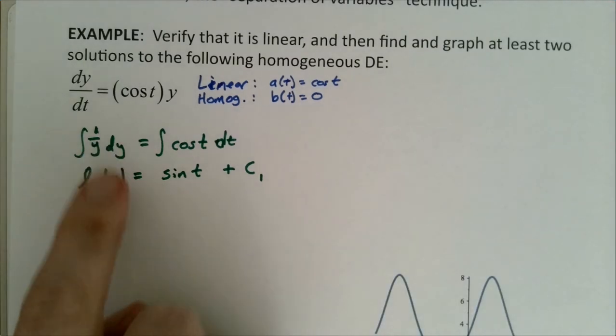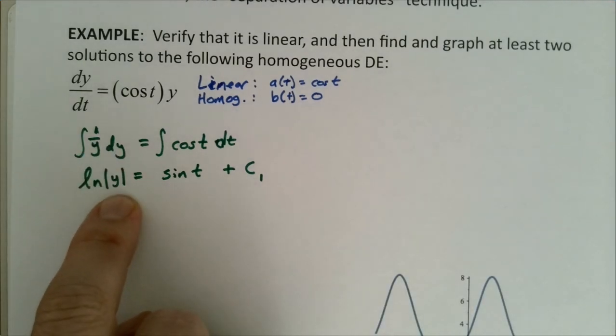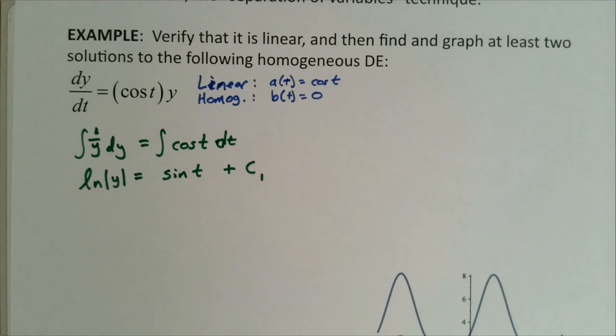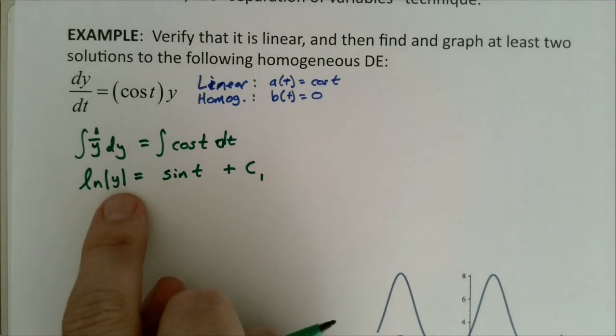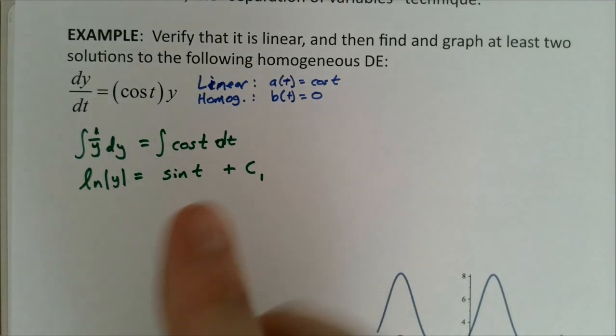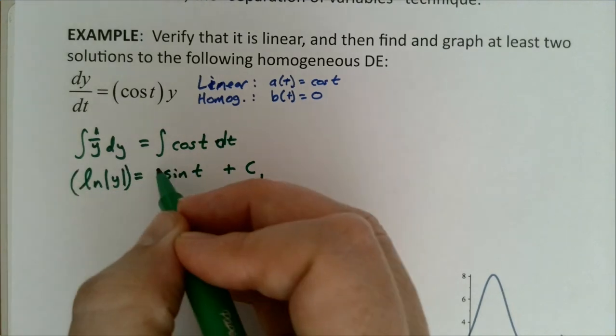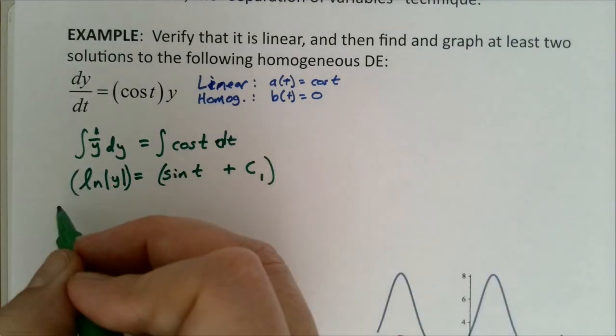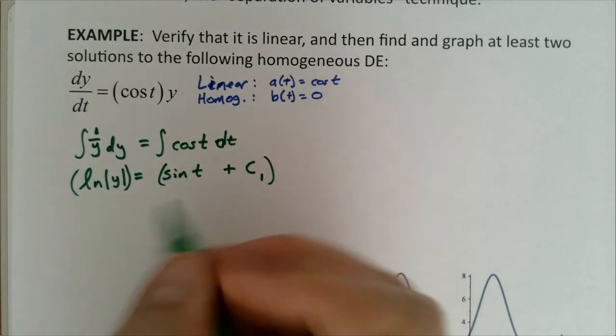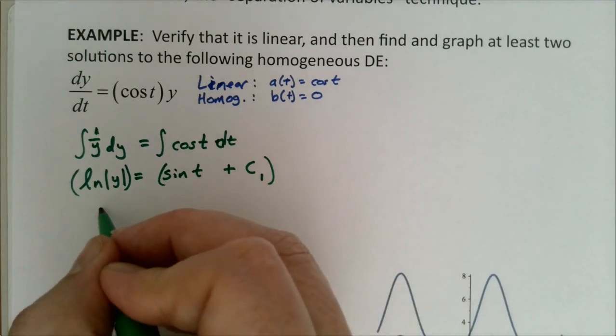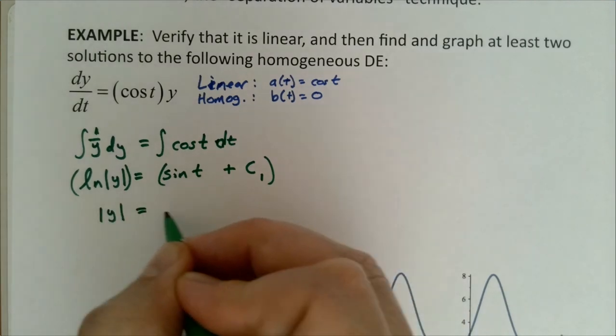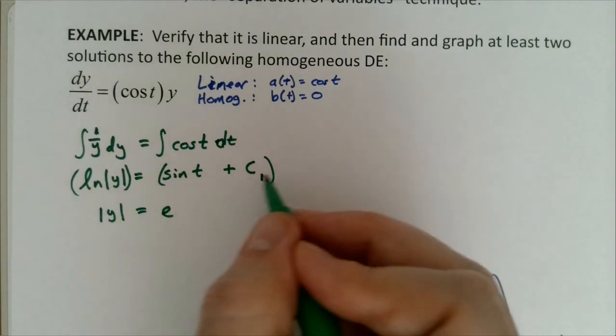Now you'll notice over here that I do the formal integral for 1 over y, and I include the absolute values, even though, as we've seen in other examples, it doesn't really matter all that much. It kind of takes care of itself. So I need to get the y by itself, so I'm going to exponentiate both sides. When I exponentiate both sides, I wind up with just the absolute value of y, and on this side, e to the entire power of all this stuff.